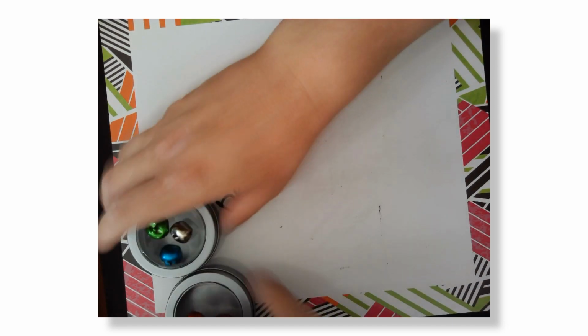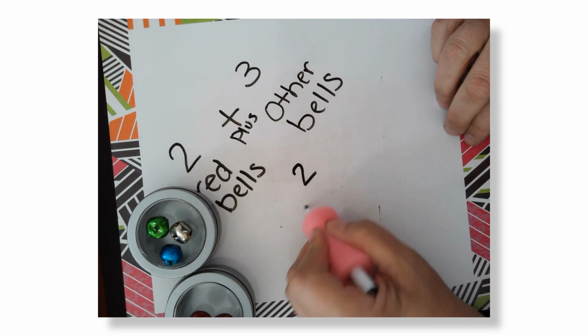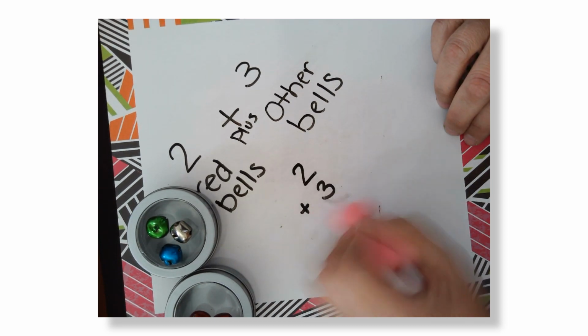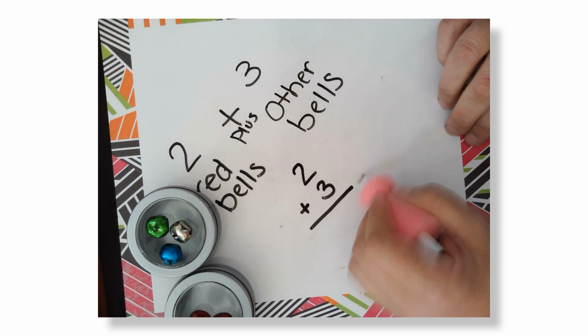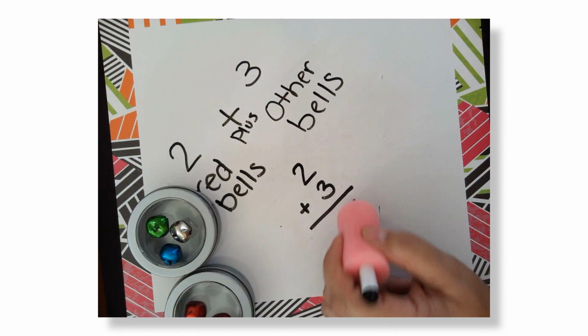And then I might write the problem like this. 2 plus 3 equals, right? And then they can count them up. So there's 2 red, 1, 2, 3, 4, 5. There's 5.